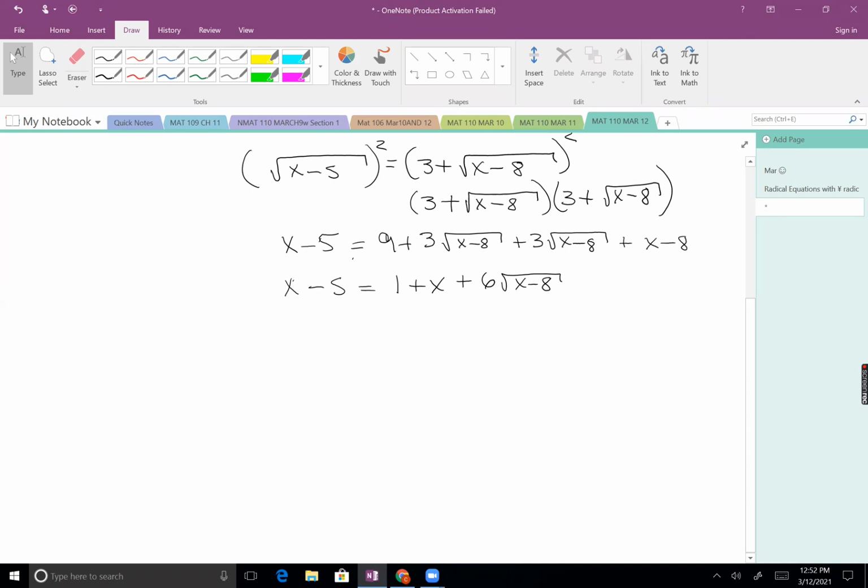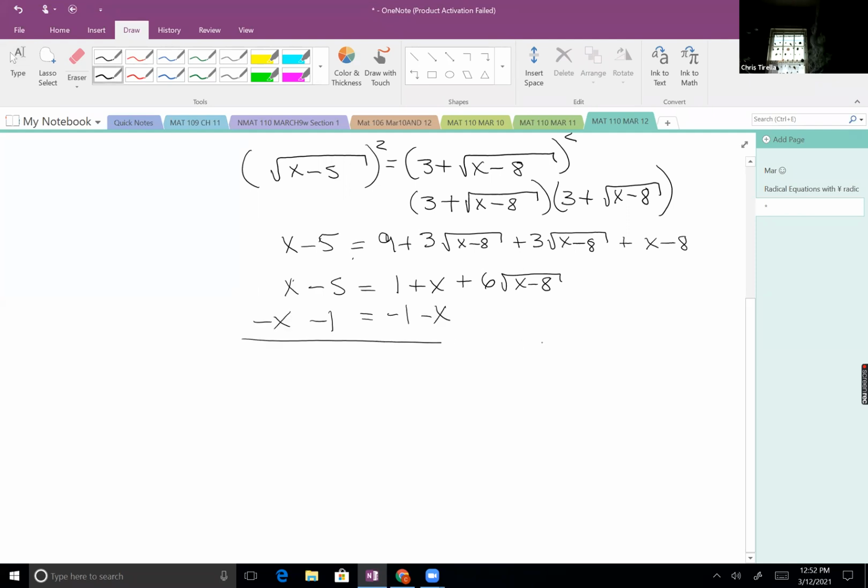So then we want to get that other radical alone. So we'll subtract 1 from both sides, and we'll subtract x from both sides. And I get -6 equals 6 times the square root of x minus 8.